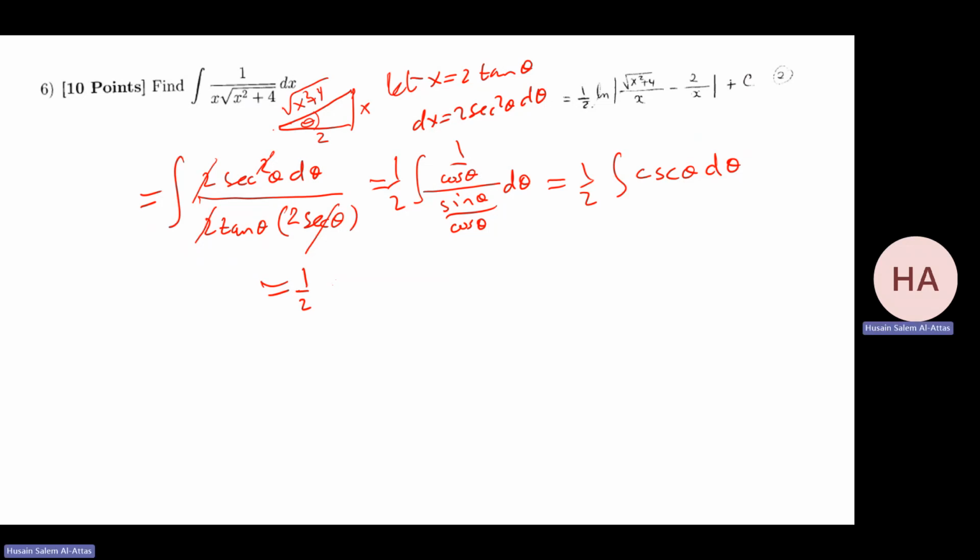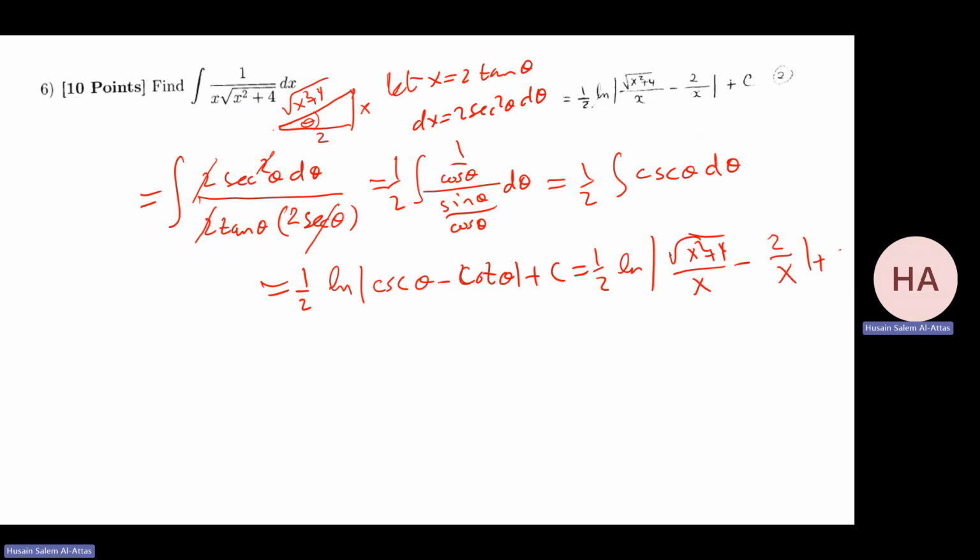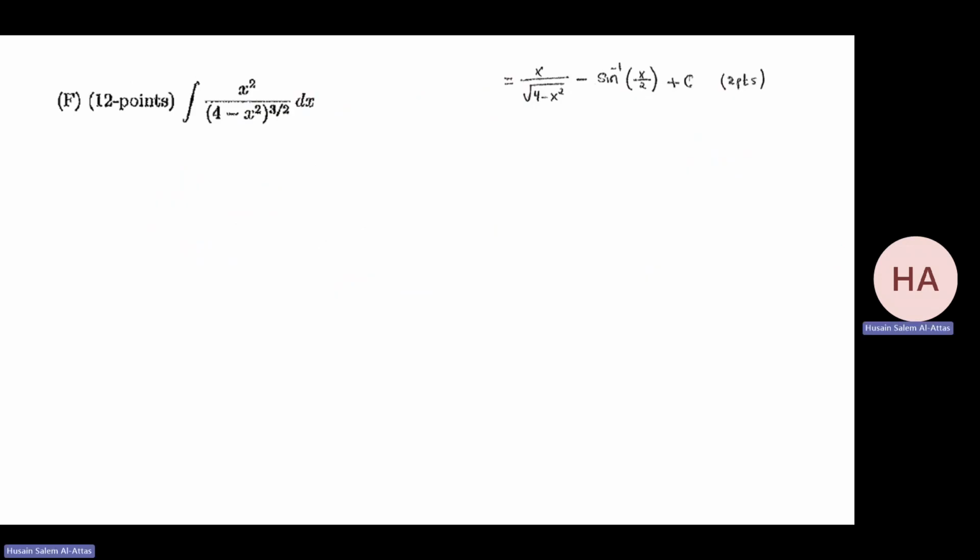The integral of cosecant will be ln cosecant theta minus cotangent theta plus c. That will be half ln of what? Cosecant will be hypotenuse over opposite, and cotangent is adjacent over opposite, plus c, which is this one.